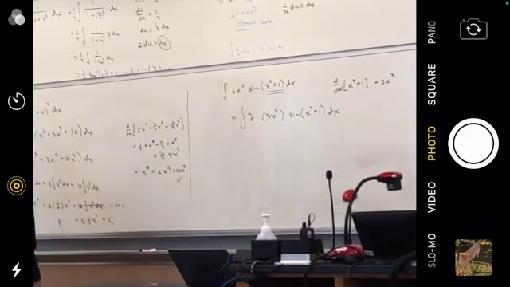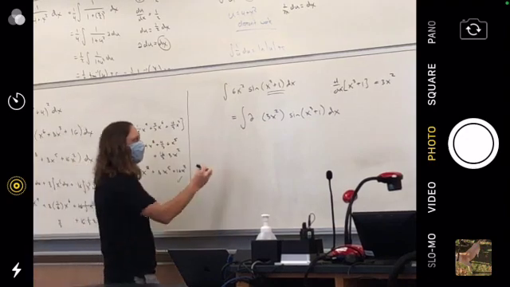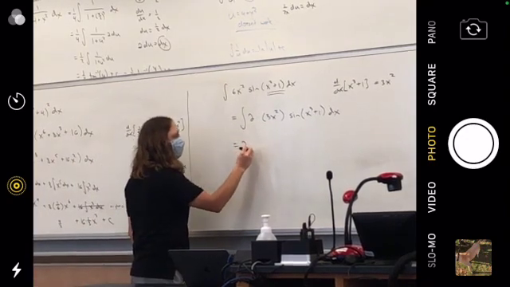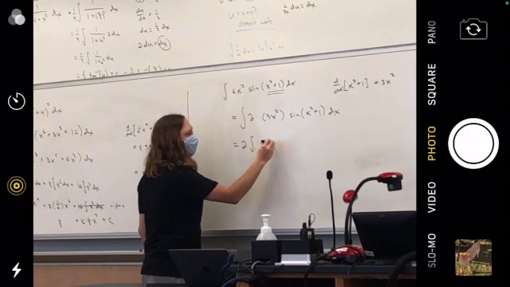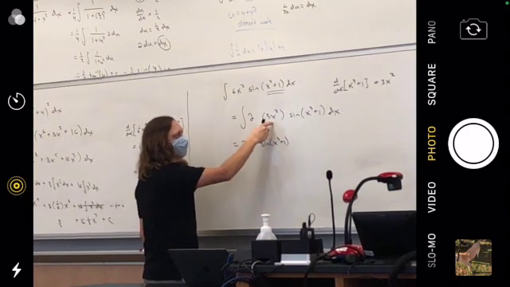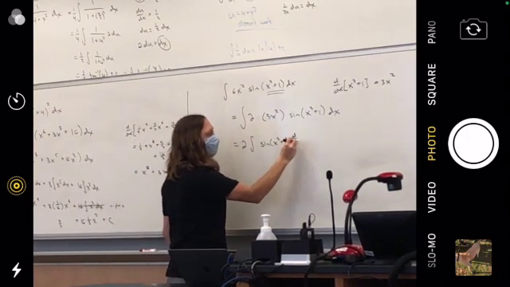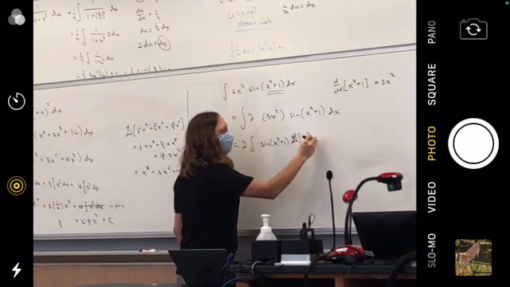I could write it like this. So now it looks more like a chain rule. If I want to make it look exactly like the chain rule, move the 2 outside. And then instead of writing 3x squared, say that was the derivative of x cubed plus 1.